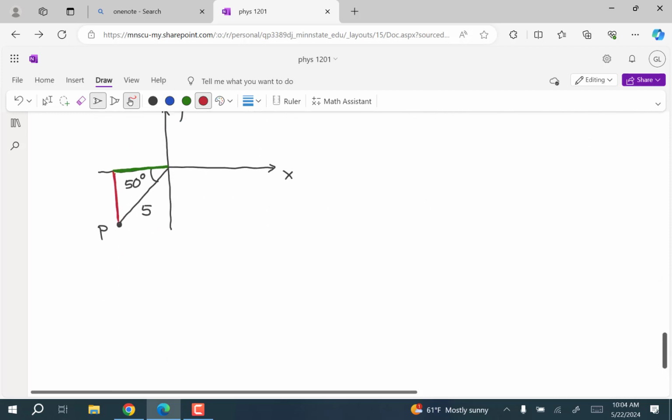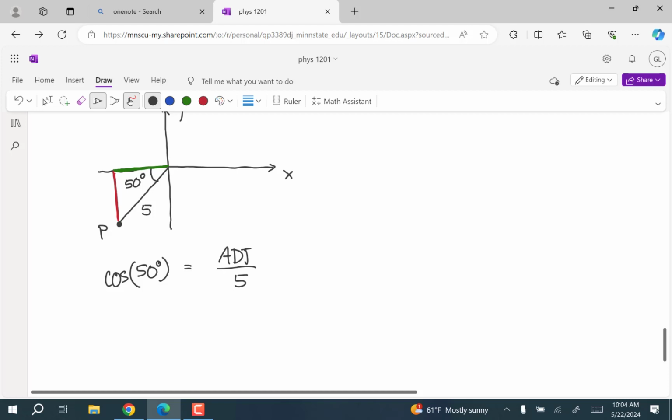All right, so to calculate the length of the green line, you can see that that's the adjacent side for this 50-degree angle. So we have that the cosine of 50 degrees is equal to the adjacent side divided by the hypotenuse, which is 5.